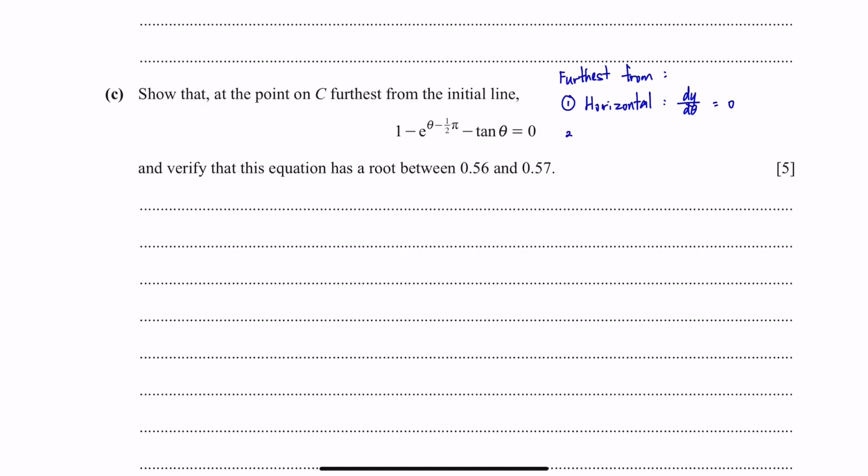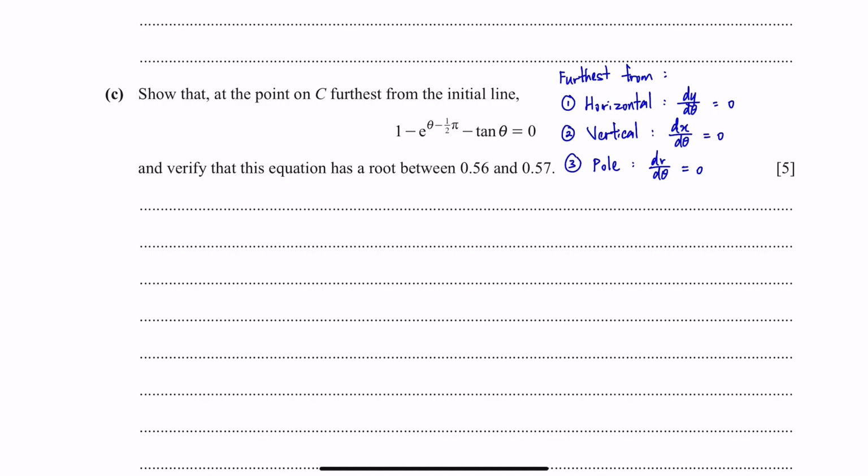If they want it from the vertical axis, you use dx/dθ equals 0. If they want it from the pole, you use dr/dθ equals 0.